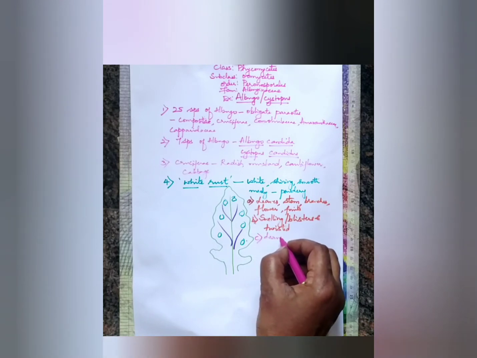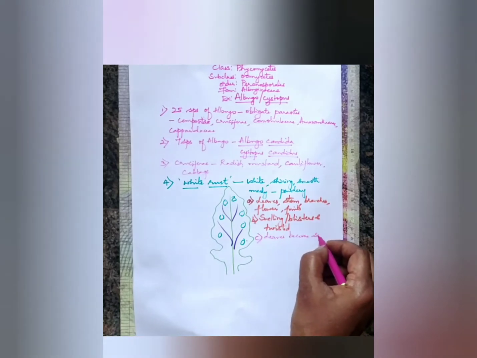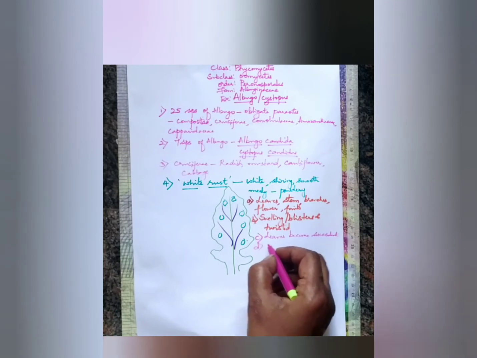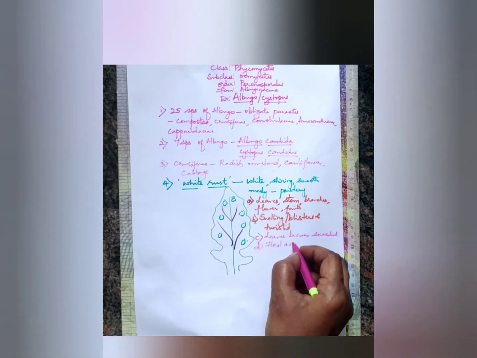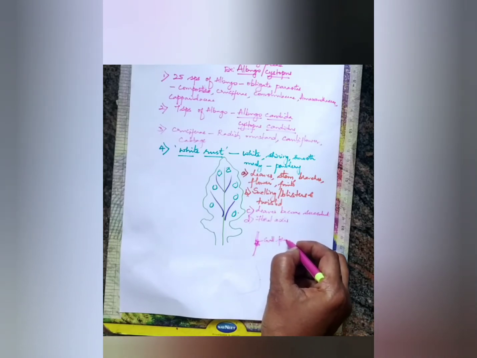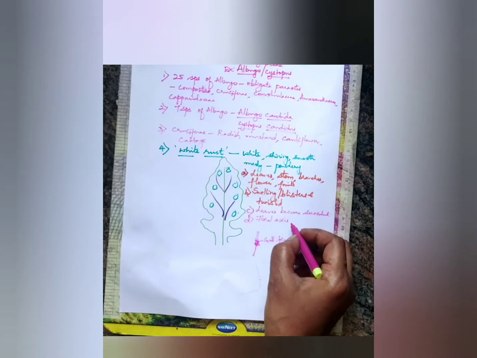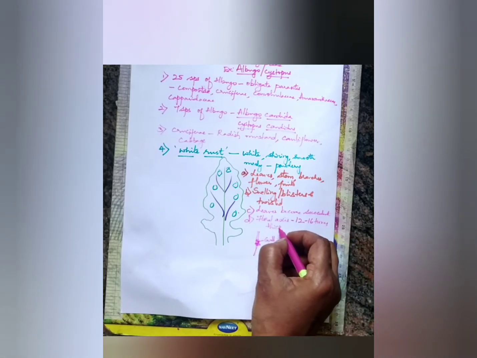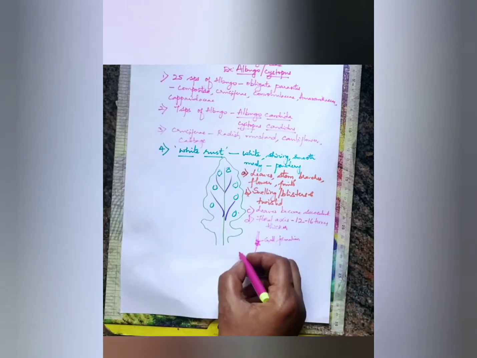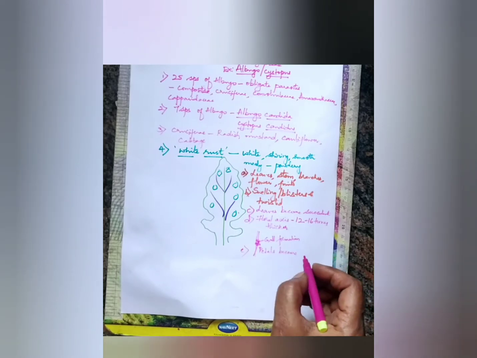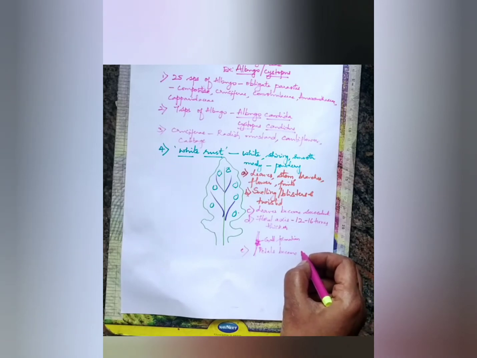The leaves become succulent. Succulent means it becomes thick, and in extreme cases the floral axis, the axis of the flower, shows gall formation, and the flower axis becomes 12 to 16 times thicker than the normal size. Next, the petals become like sepals.